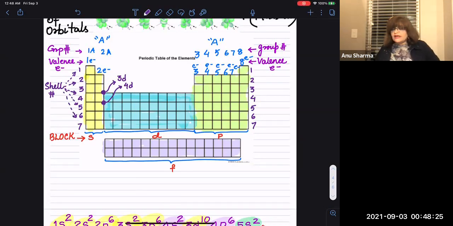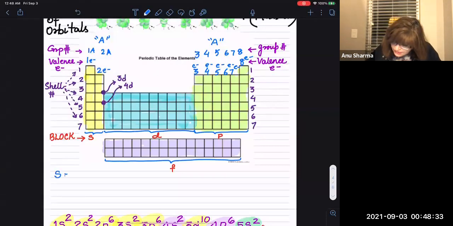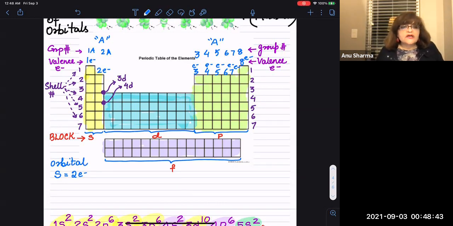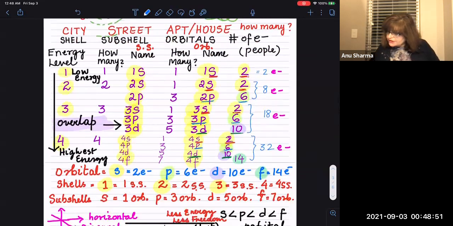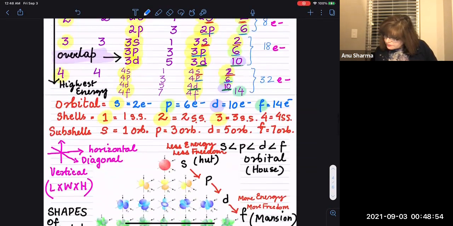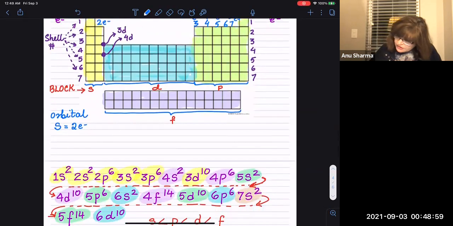Now another thing I want to show you. S can hold how many electrons? S can hold a maximum of 2 electrons, right? The orbital is what? Orbital is the place where the electrons are found. That is the probability of finding the electrons. Let me put a note of it here.